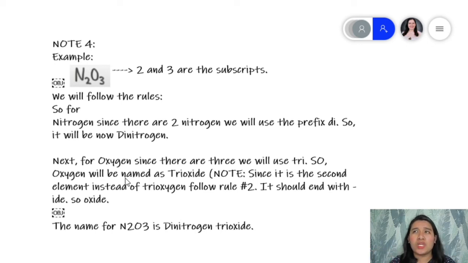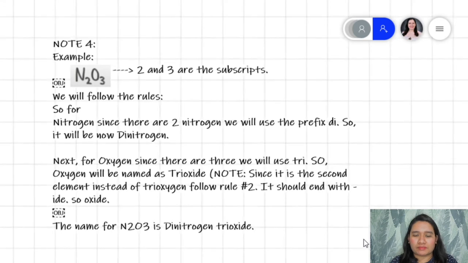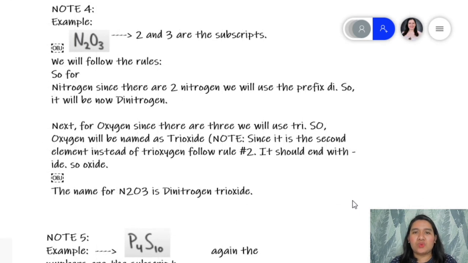We will only use chlorine, fluorine, and other elements if they are not yet bonded. But since we are talking about bonding, we will use IDE at the end of the second element. So the name for N2O3 is dinitrogen trioxide.